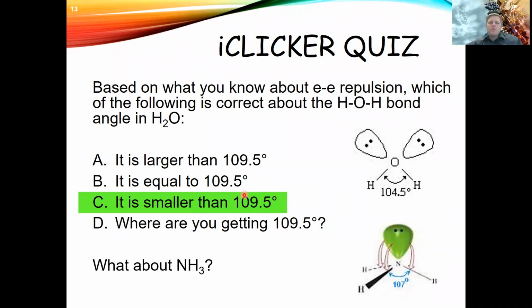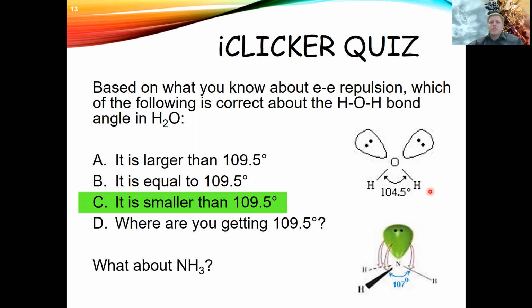So if you have no lone pairs, you have bond angles of about 109.5. If you replace one atom with an electron pair, you get a bond angle of 107. If you replace 2 atoms with lone pairs, you get a bond angle of 104.5. So the more lone pairs, the smaller the bond angle.